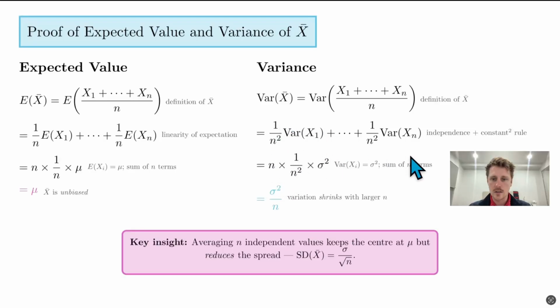All this is saying is the sum of n terms. We've got n groups of this term, and then number 2, and then number 3, all the way up to n. And then it's n times 1 on n squared times sigma squared, because the variance is sigma squared. That's just the notation we use. Okay, so the n's cancel out, so you're left with sigma squared on n.